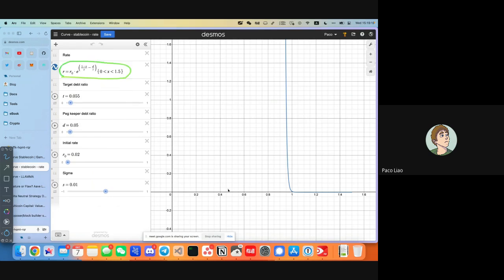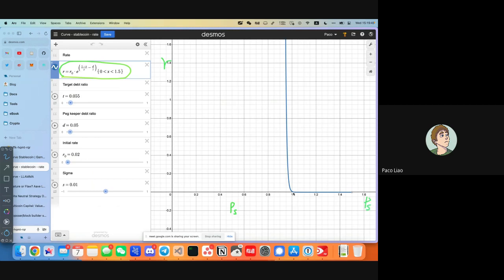And the x-axis is the Curve USD price. So you can see if the Curve USD price is greater than 1, this ratio will be very low, close to 0. The y-axis is the borrowing rate. X-axis is the stablecoin price.